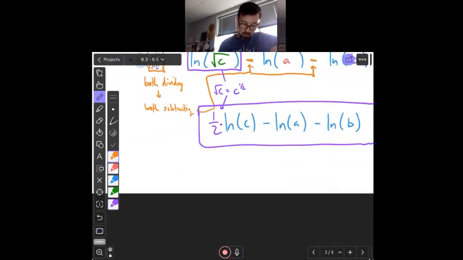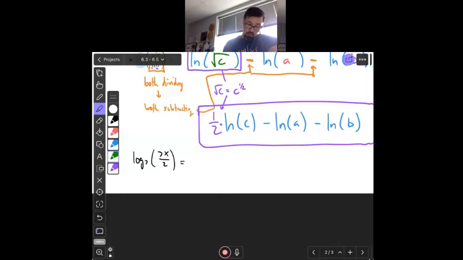Let's do one more of these real quick. So log base 7 of 7x over 2. Okay. So again, the first thing I want to notice is what the log is. So log base 7. So I'm going to have a bunch of those. And again, how many am I going to have? There's 1, 2, 3 things inside the parentheses. So I'm going to have 3 log base 7s.